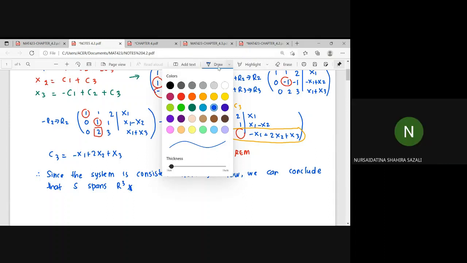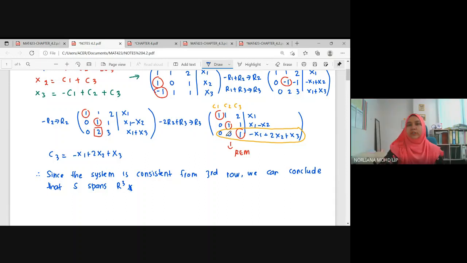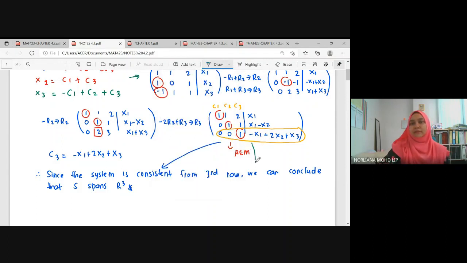Okay, madam. Kalau ada nilai ni 001, dia spanning lah. Maksudnya ni consistent lah kan. Contoh kalau dapat 0, 0, 0, any real number, contoh x1 plus 2x2 kan.